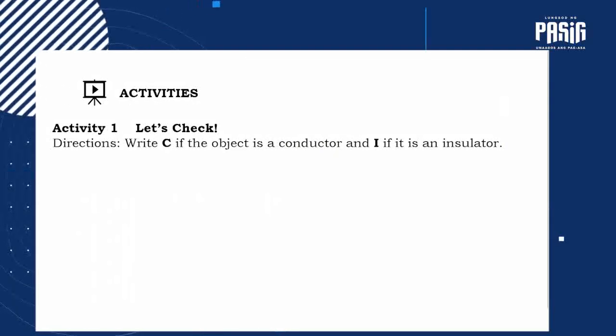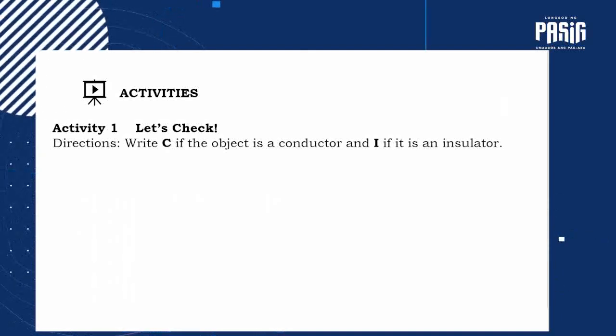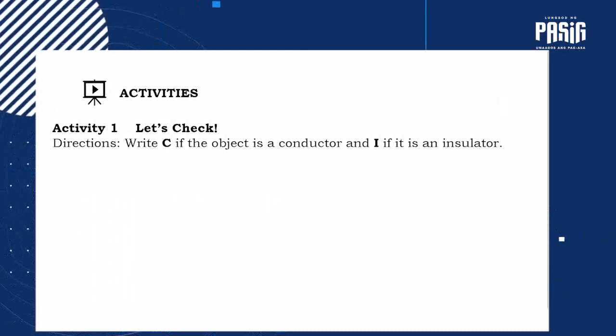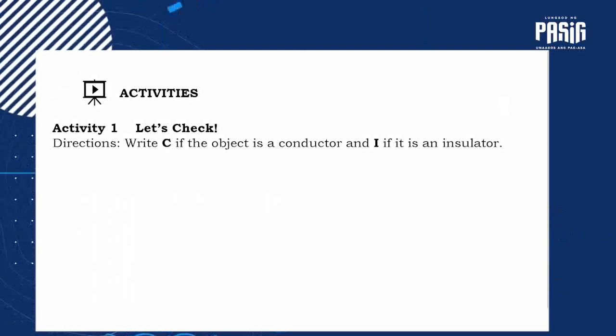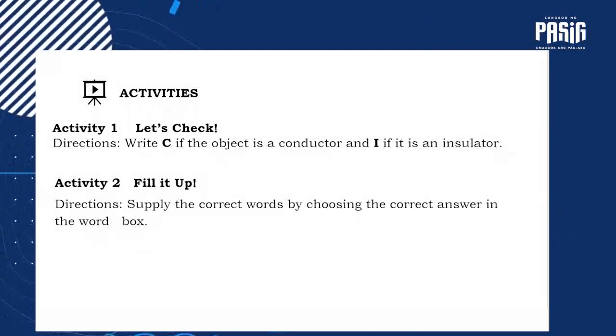Now for our activities, activity number 1, let's check the directions. Write C if the object is a conductor and I if it is an insulator. For activity number 2, fill it up. Directions.